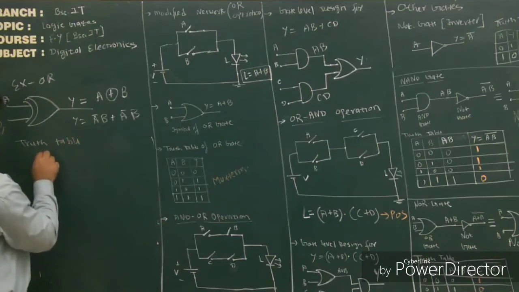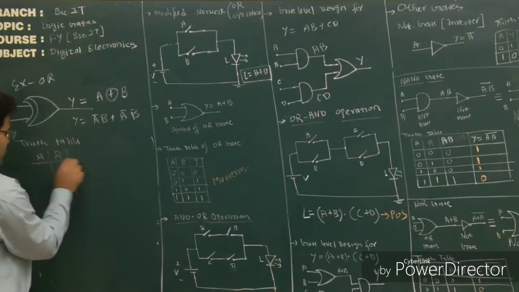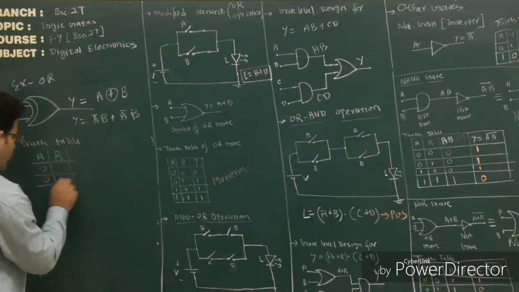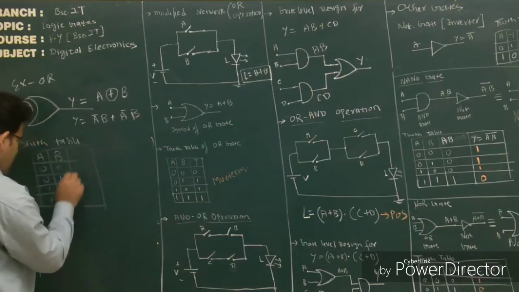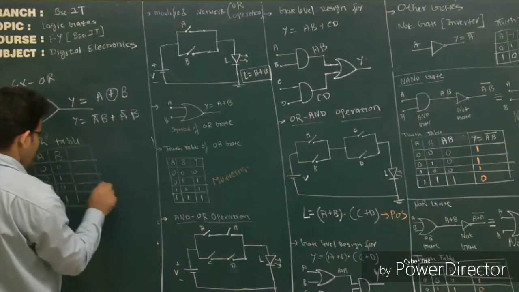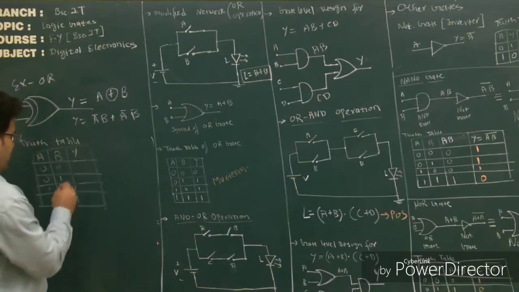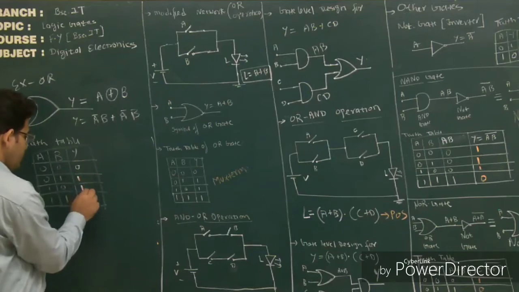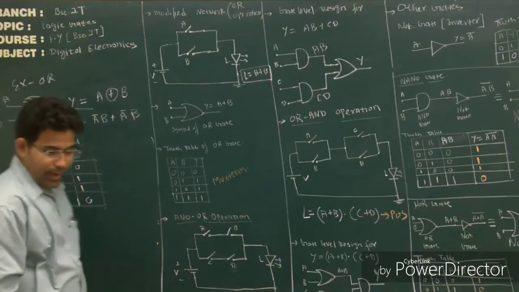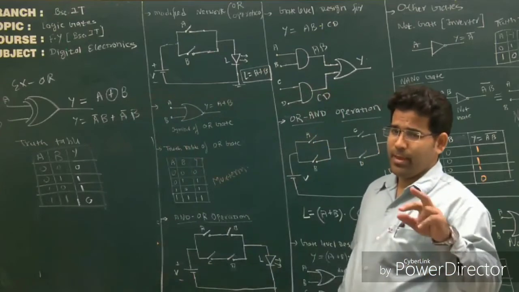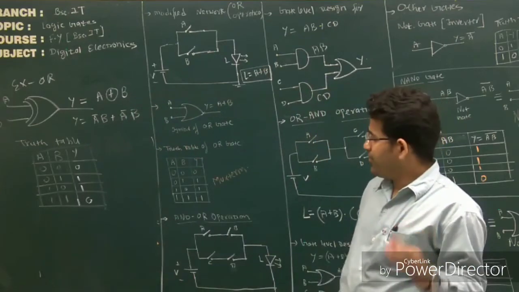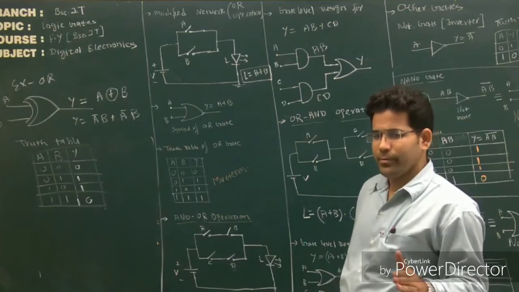Two inputs again will give you 4 combinations, and for each combination you have to list the output. This is your exclusive OR. You can see output is 1 when inputs are dissimilar. When same inputs are there, output is 0.